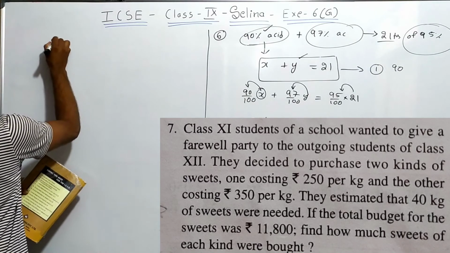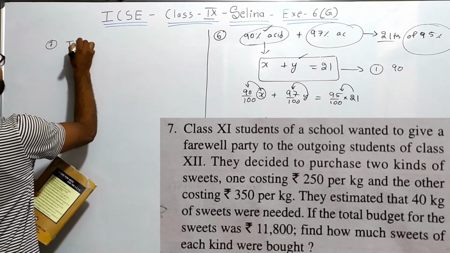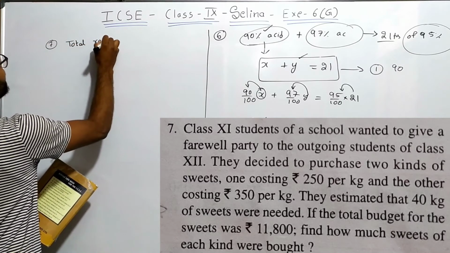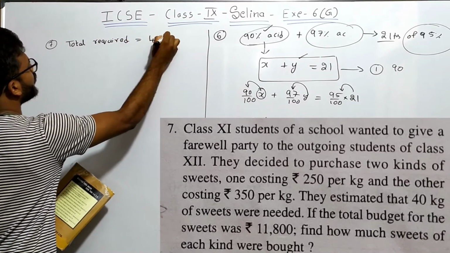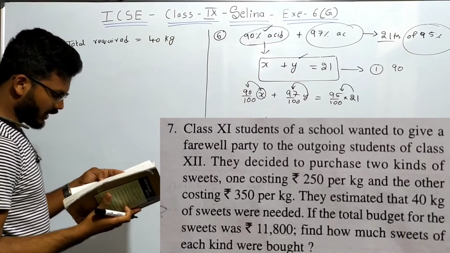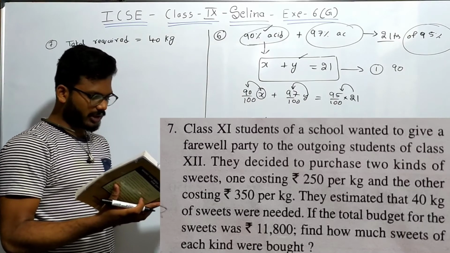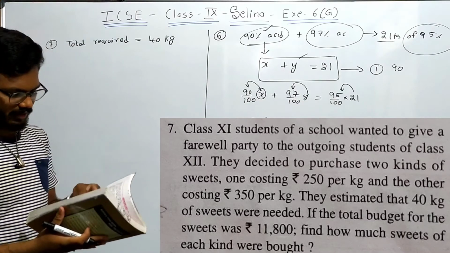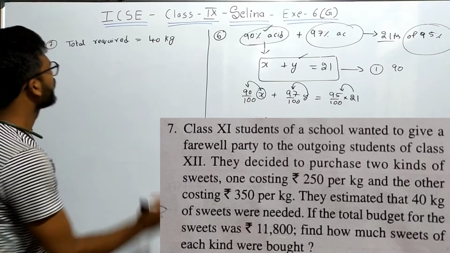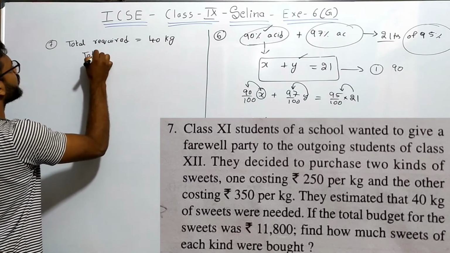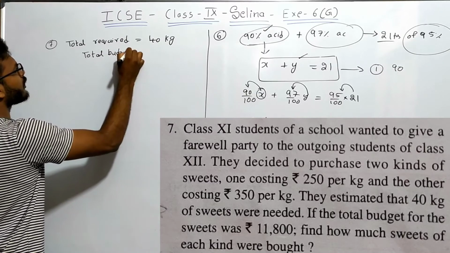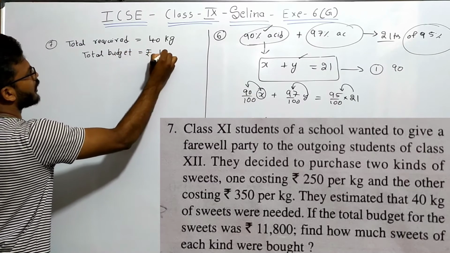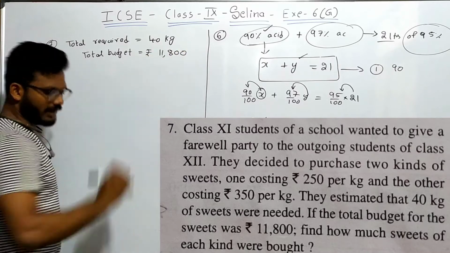See, how many kgs total needed? From the first condition, total required is equal to 40 kgs, right? And the total cost, the total budget, is equal to rupees 11,800.